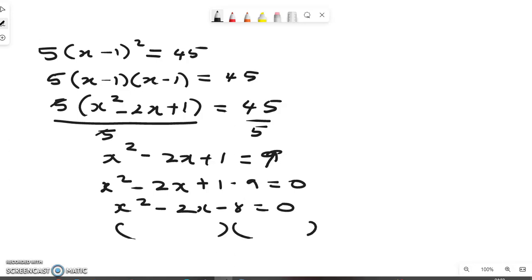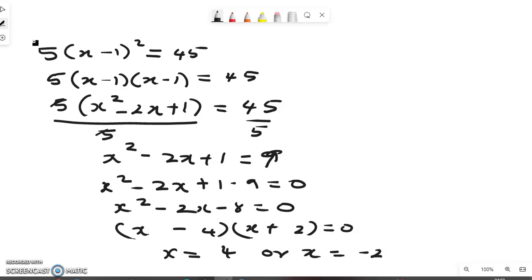Then let's factorize, it's x times x, then 4 and 2, negative and positive, is equals to 0. So x is equals to a positive 4 or x is equals to a negative 2. Alright, so this was example 4.